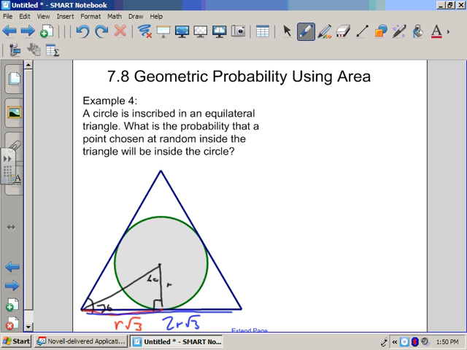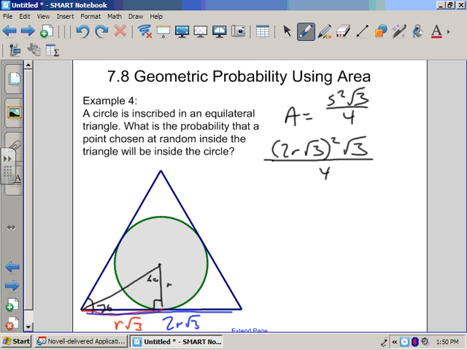Now, fortunately, we have a formula for the area of an equilateral triangle. The area of an equilateral triangle is s squared root 3. Let me try that again where you can actually read an s. S squared root 3 divided by 4. So in this case, it's 2r times the square root of 3, squared, times the square root of 3, divided by 4.